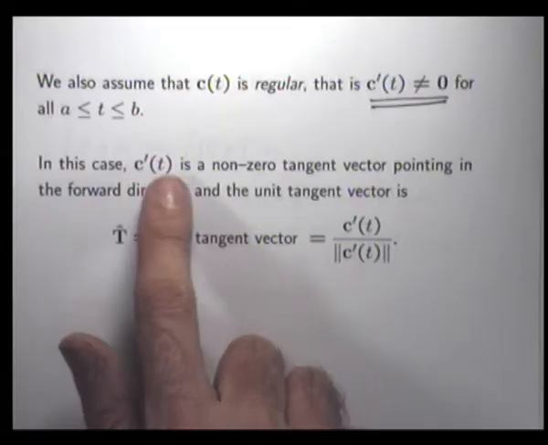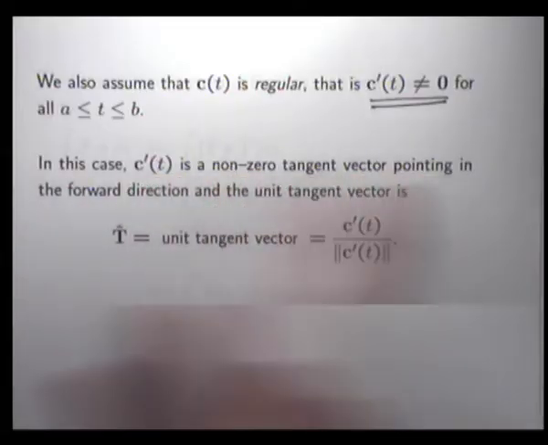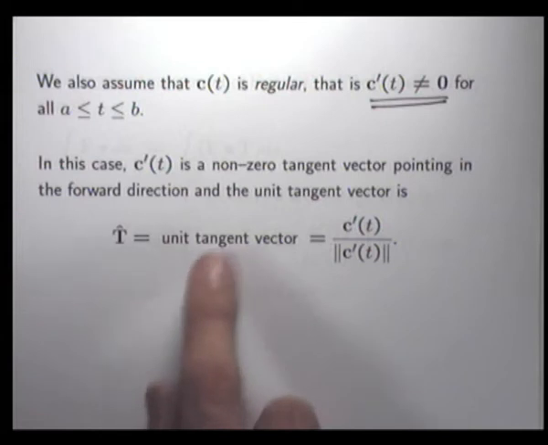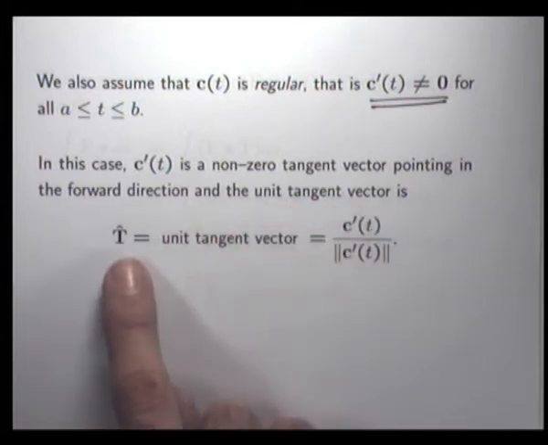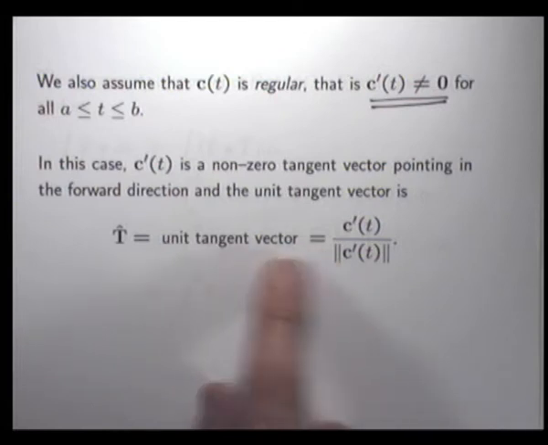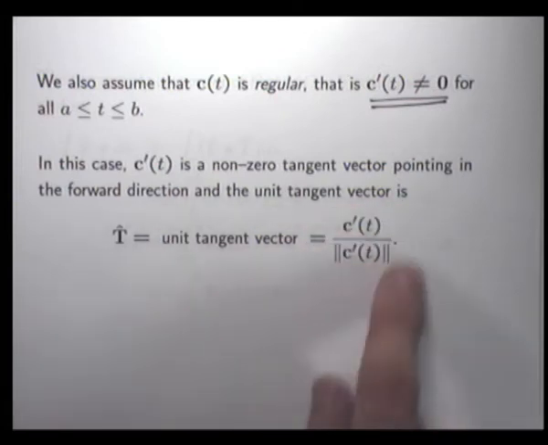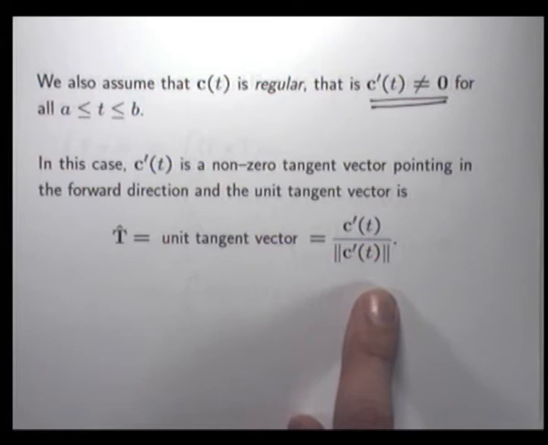In this case, C dash is a non-zero tangent vector pointing in the forward direction. So to produce a unit tangent vector, T hat, all we do is take the tangent vector and divide by its length.